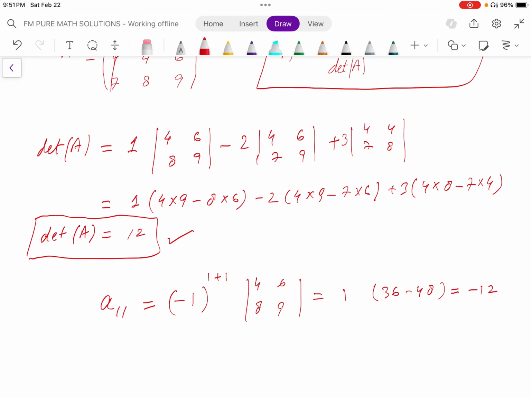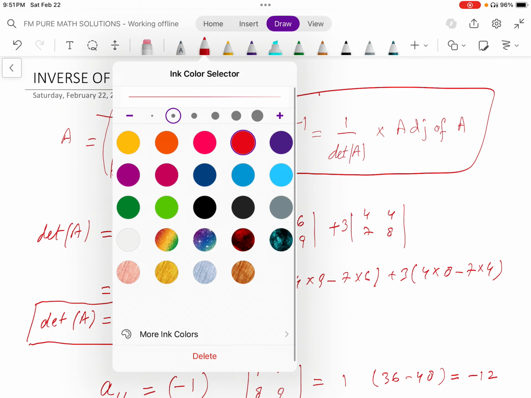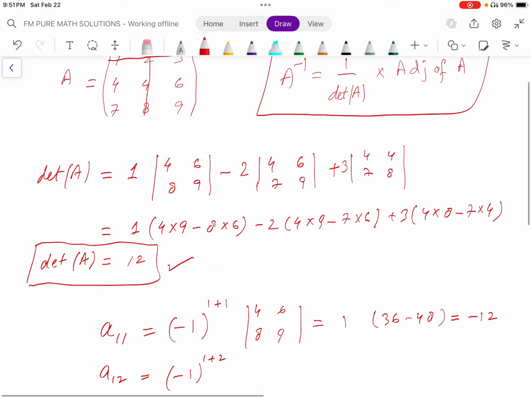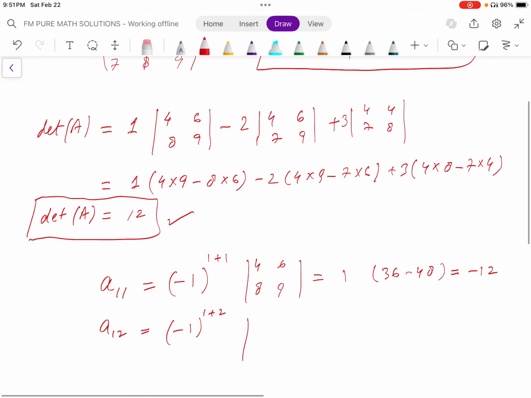So we need the second element. This is going to be -1 to the power 1 plus 2. So it will be first row, second column. The determinant is 4, 6, 7, 9. So this is equal to -1 times 36 minus 42, which is -6.